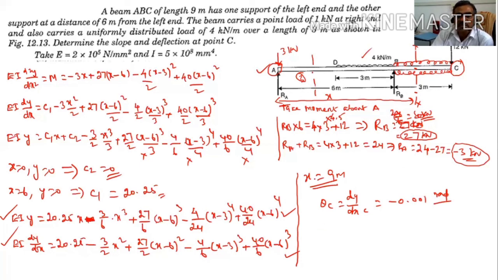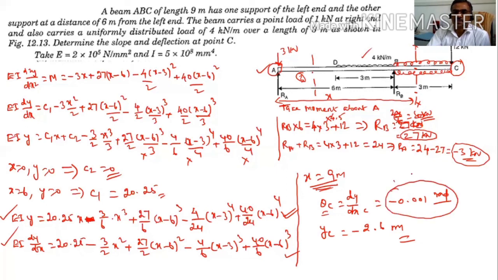Similarly, if we substitute x is equal to 9 in the deflection equation, we will get y equal to minus 2.6 millimeters. So now the slope at point C is 0.001 radians. Similarly, the deflection at point C is 2.6 millimeters. This is the way we have to solve this problem.